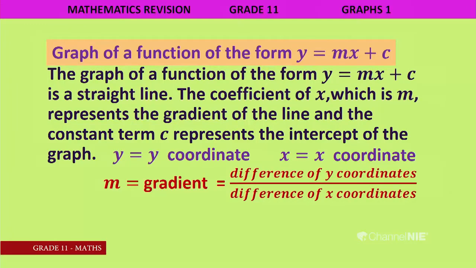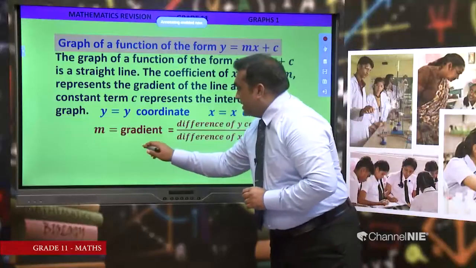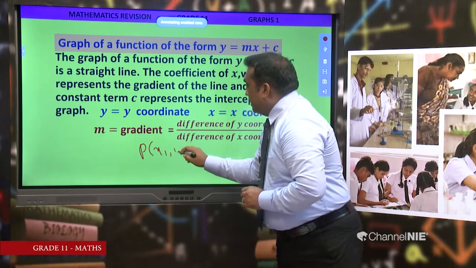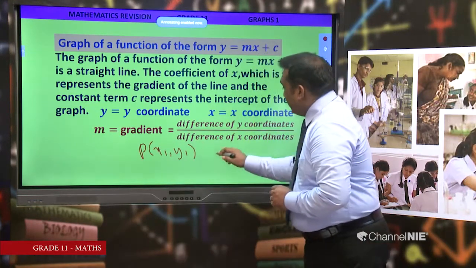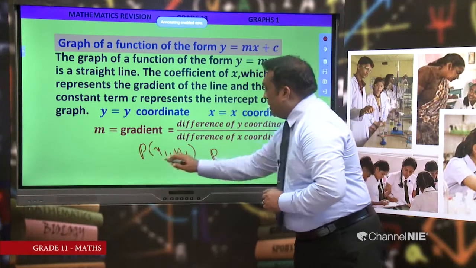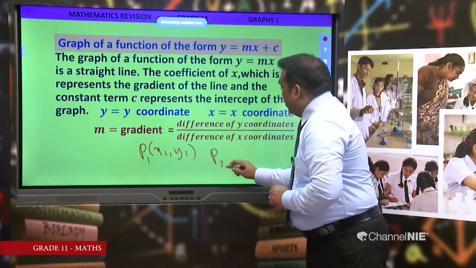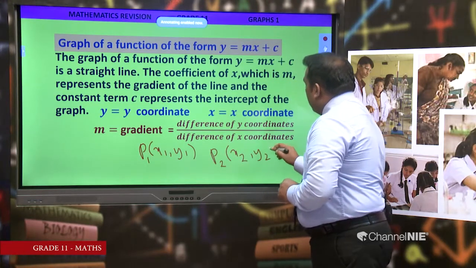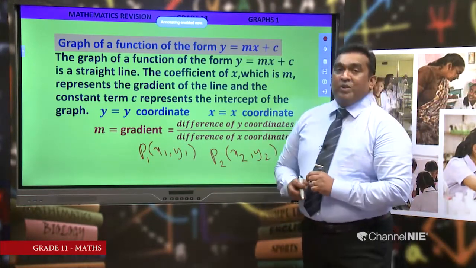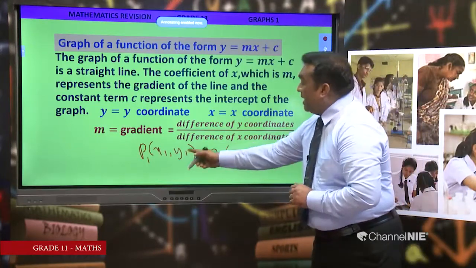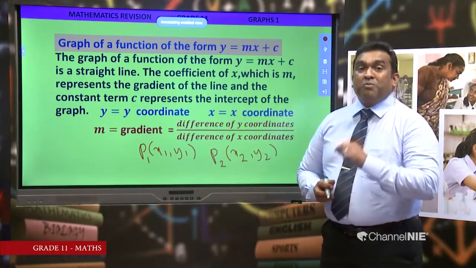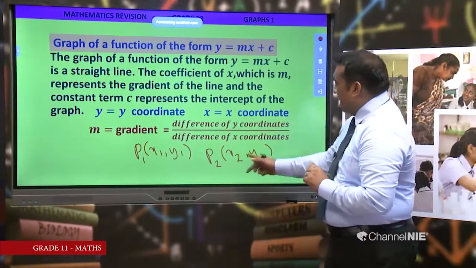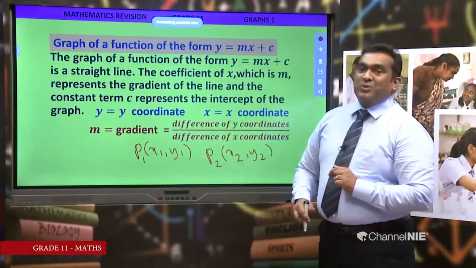If you consider two points, x1, y1 as P1 and x2, y2 as P2, then the difference of y coordinates is y2 minus y1, divided by the difference of x coordinates, x2 minus x1.